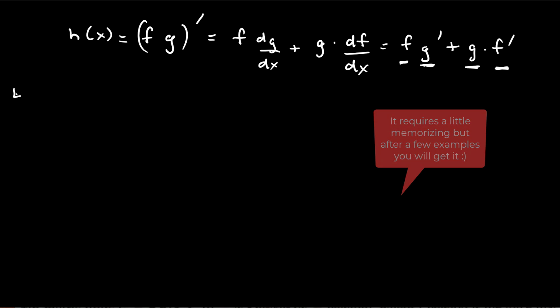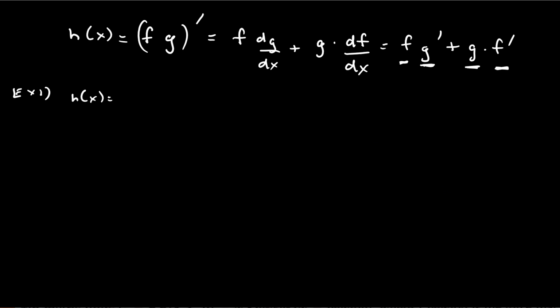Let us look at some examples. Suppose h of x is the square root of x multiplied by x cubed plus 1, and I wanted to find h prime of x.